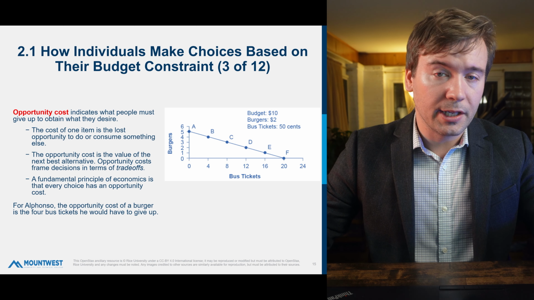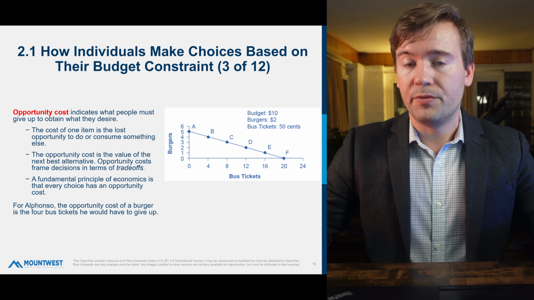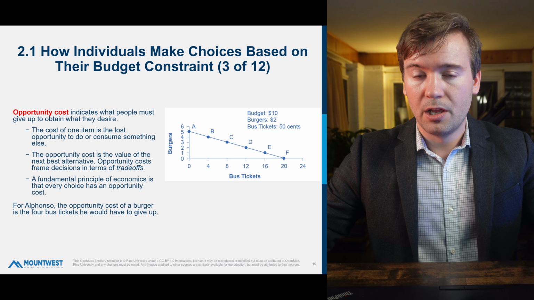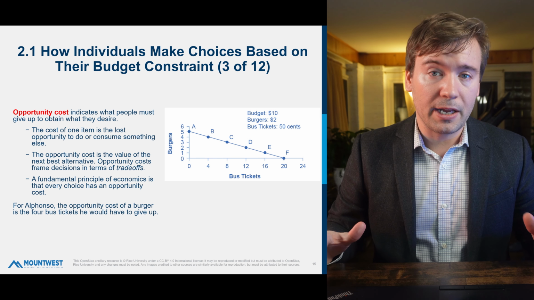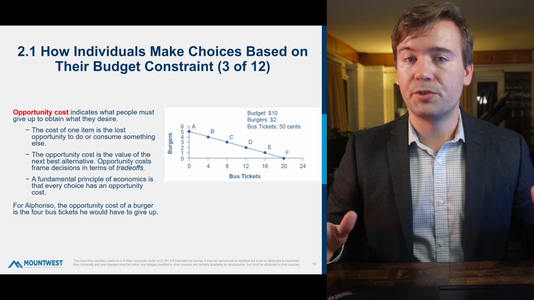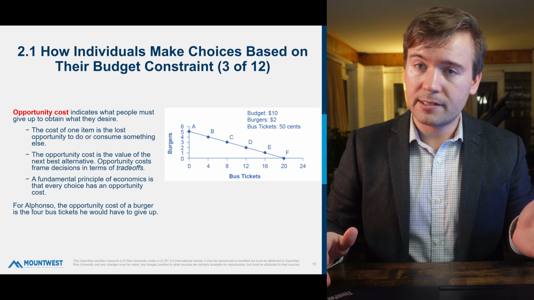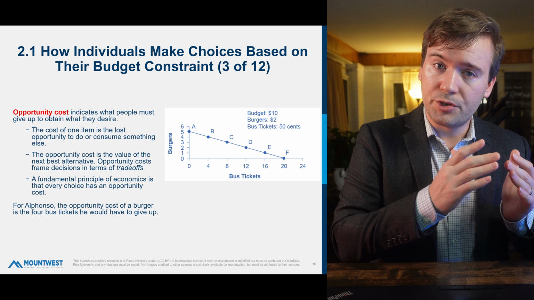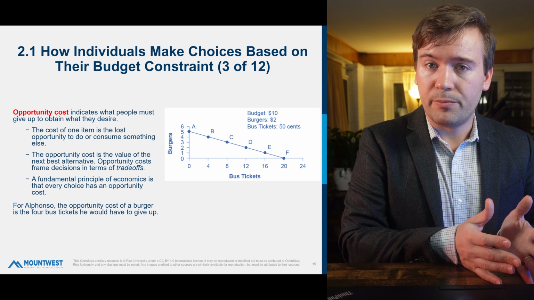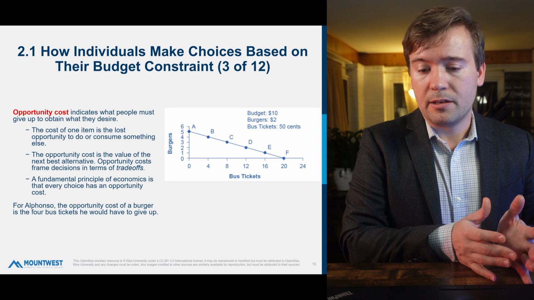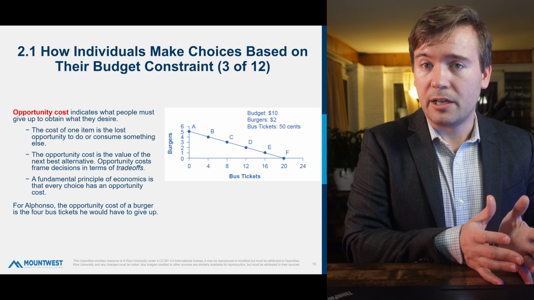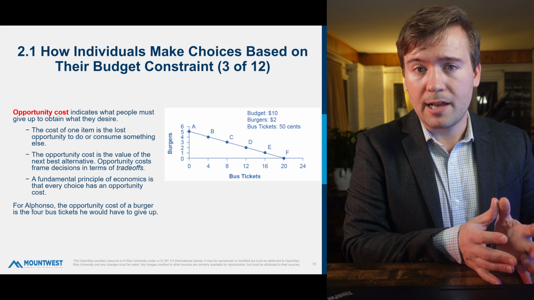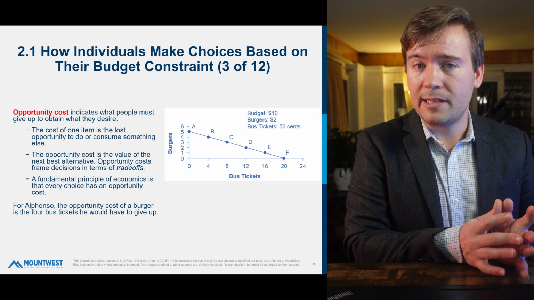And the opportunity cost is the value of the next best alternative. So opportunity cost frames decisions in terms of trade-offs. If I buy this, I can't afford this. If I go to college and I go for my 4-year degree and I'm taking so many classes that I'm full, I can't take any more.